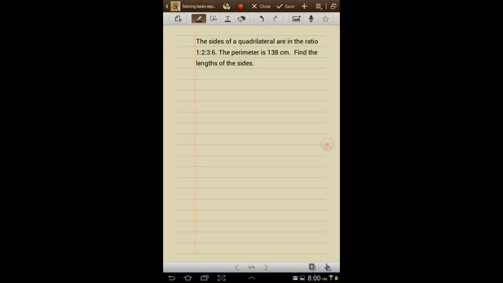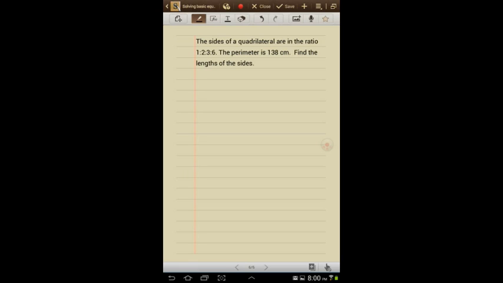Alright, okay, this word problem: the sides of a quadrilateral are in the ratio 1 to 2 to 3 to 6. Perimeter is 138 centimeters. Find the lengths of each side. In the ratio of 1 to 2 to 3 to 6, that means there's some number out there. We don't know what it is, so we use an x.